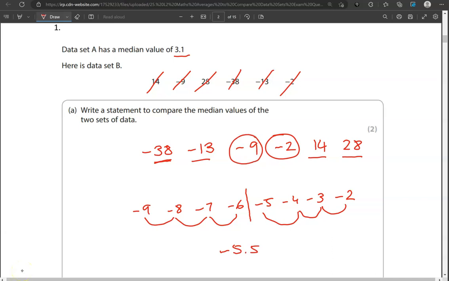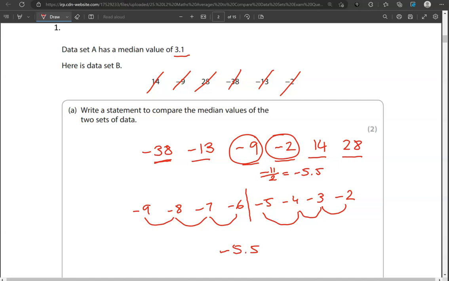Another way to do it is to add -9 and -2, which is -11, and then divide that by 2, which gives us -5.5. It's like you can ignore for a bit the negative sign in front. 9 add 2 is 11, divided by 2 gives us 5.5, and then put the negative sign in front of the 5.5.